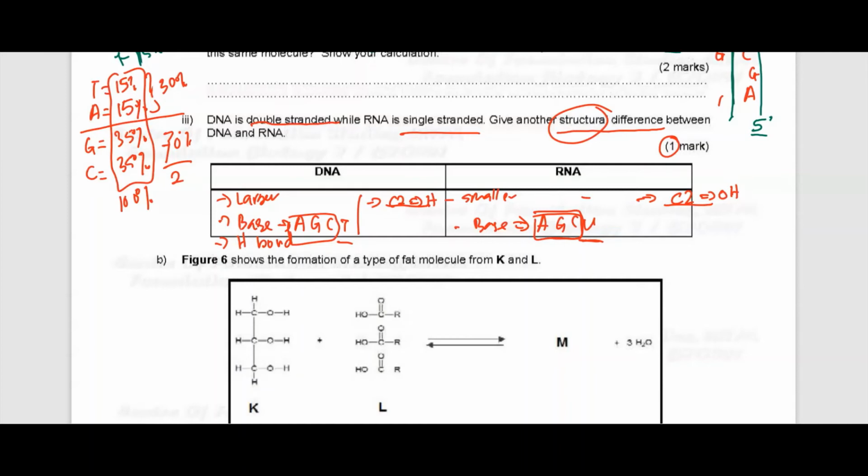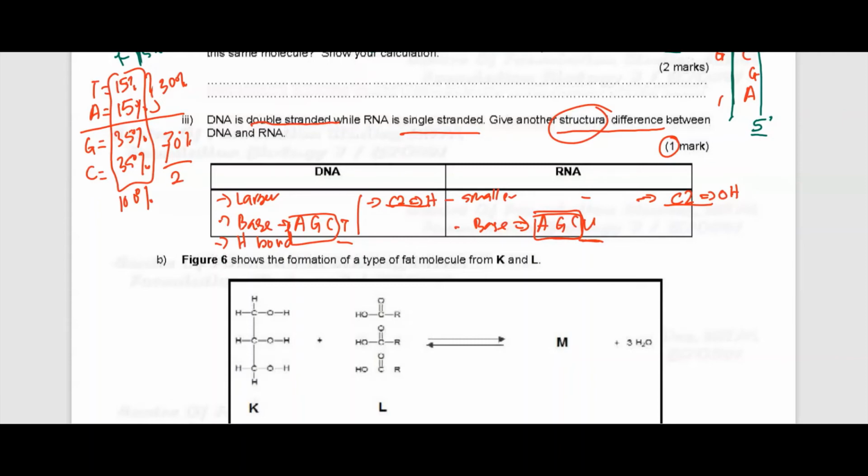For example, if you say that the size of DNA is larger, you also have to mention for RNA the size which is smaller. You cannot mention, okay, DNA molecule is larger, whereas RNA there's presence of uracil. Both statements contain the right facts, but you are not comparing the same category.